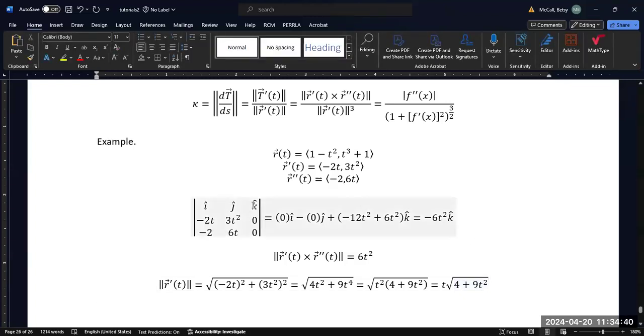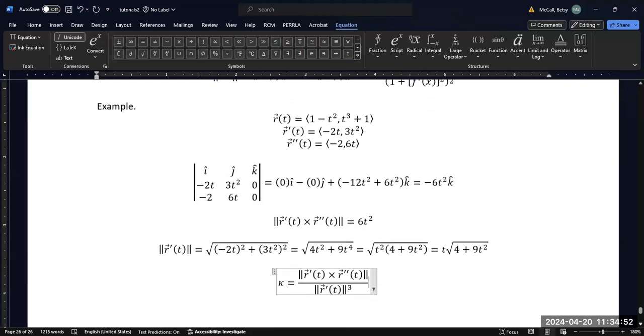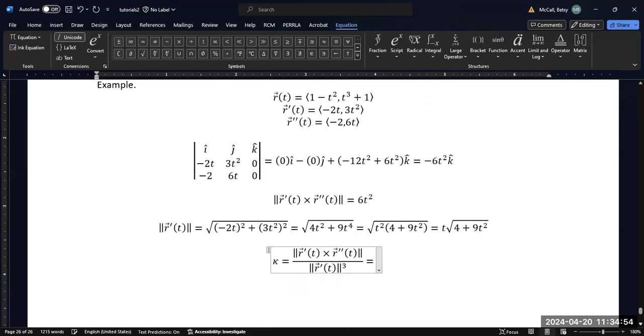And so if we calculate our curvature, then according to this formula, we're going to get 6t squared divided by this expression cubed.